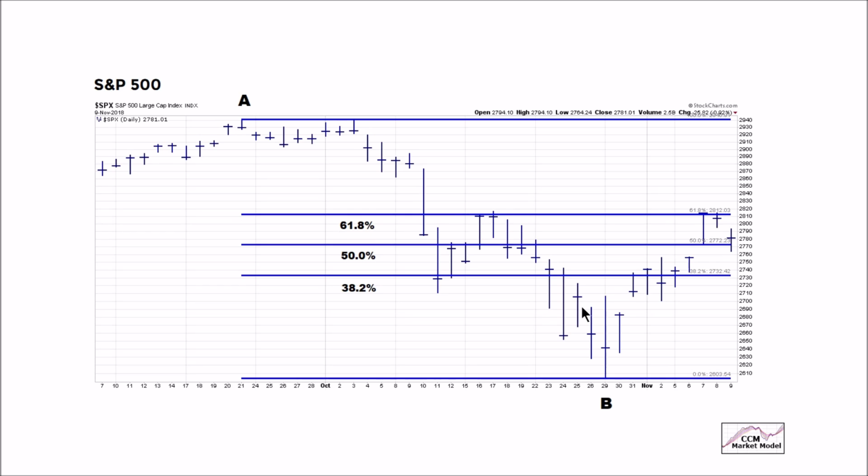Well, this is a mixed bag so far. We've exceeded the 32.8, the 50, but we have not exceeded the 61.8% retracement yet, telling us to keep an open mind about an ongoing bottoming process and/or morphing into a bearish trend.